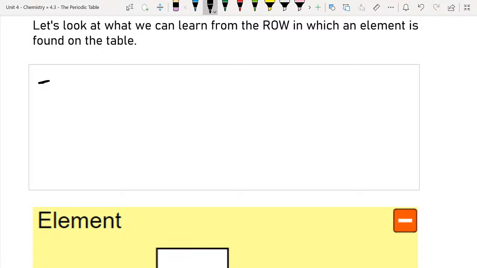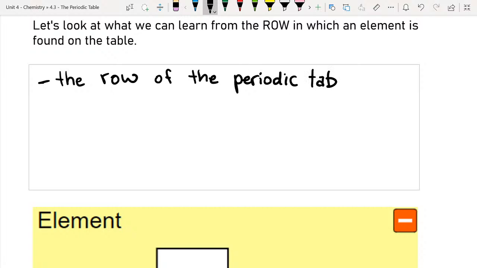So, the row of the periodic table tells us how many electron orbitals.